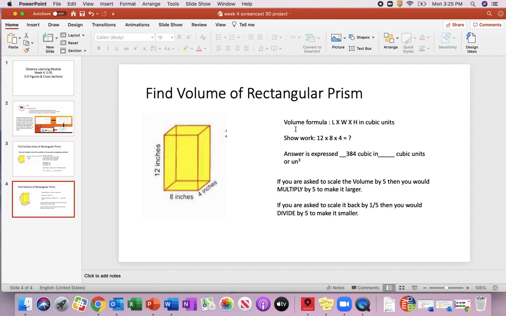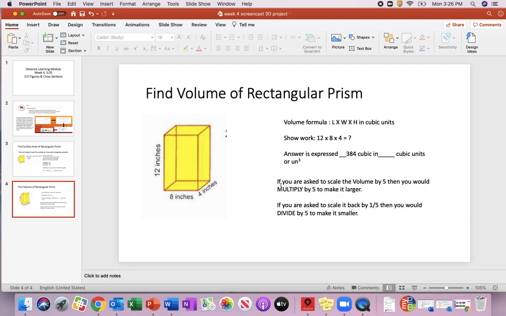The volume formula for this shape is length times width times height, and volume is always expressed in cubic units. So if you are showing your work, you would say 12 times 8 times 4. Show me what you get with your calculator. You should get a total of 384 cubic inches, or inches cubed. Again, your preference on how you want to write it.